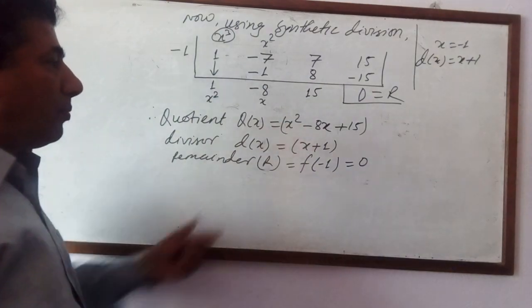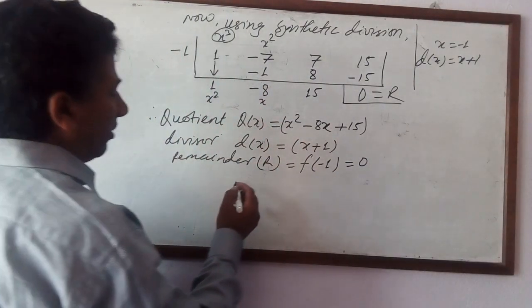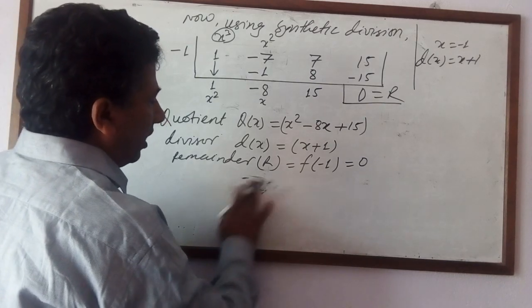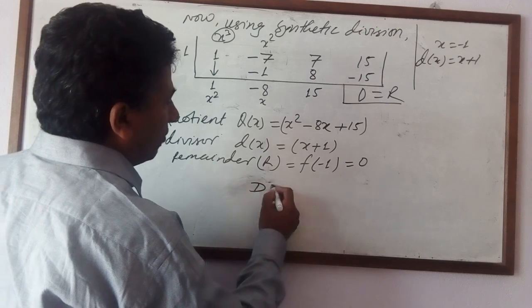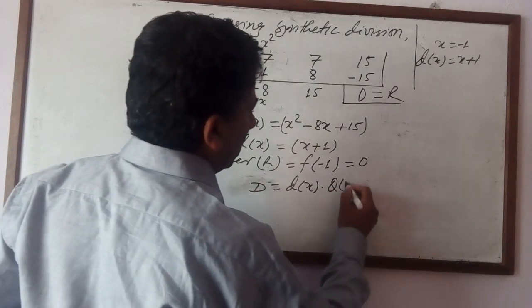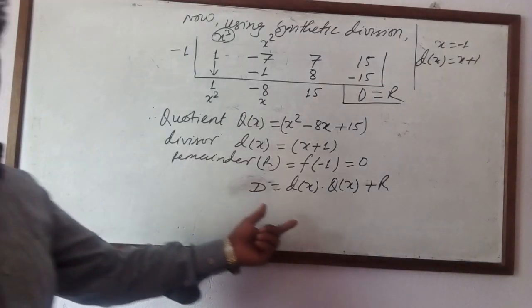Now from here we use the division algorithm. What is our division algorithm? Dividend equals divisor times quotient plus remainder. This is the division algorithm.